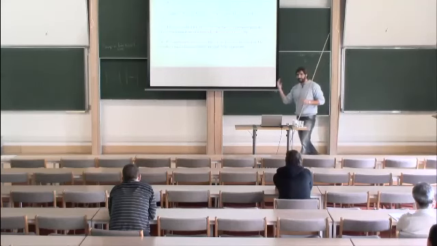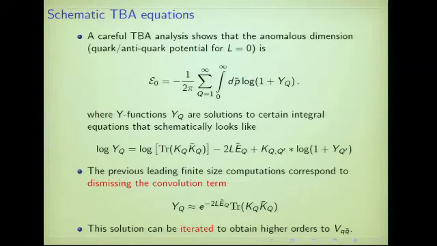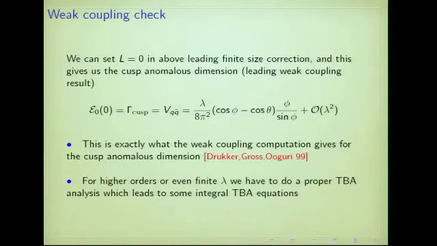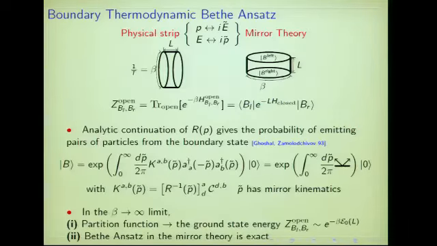What we didn't want to do at the beginning, I didn't want to show how to do it, is to solve the TBA. I'm not going to go through the details. I'm just going to show again a schematic. What you have to do is consider the TBA in this periodic system, but then you have to sum over all states.